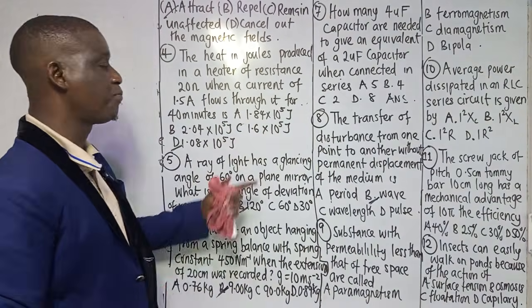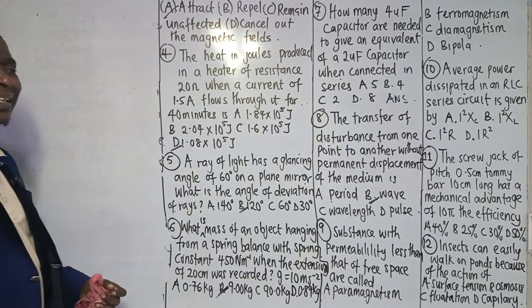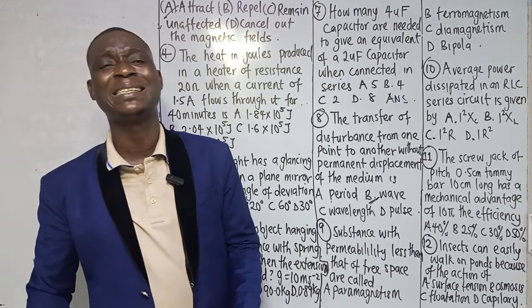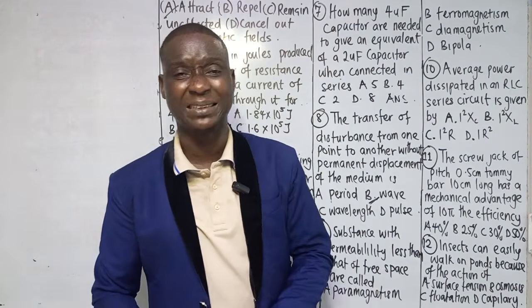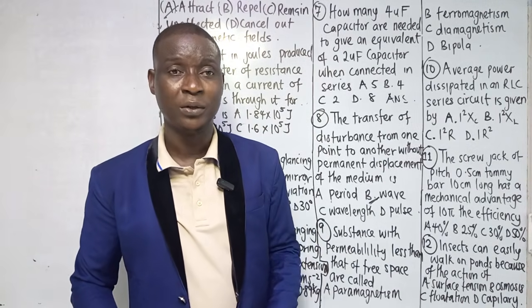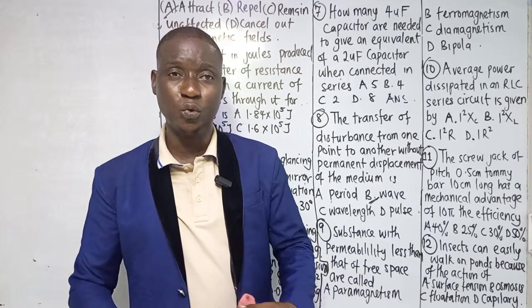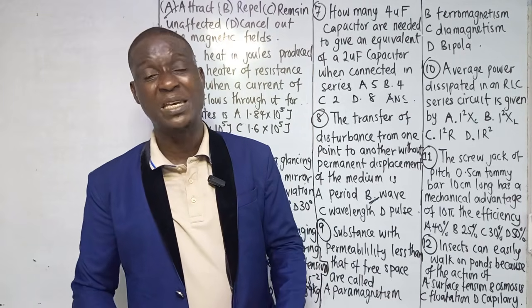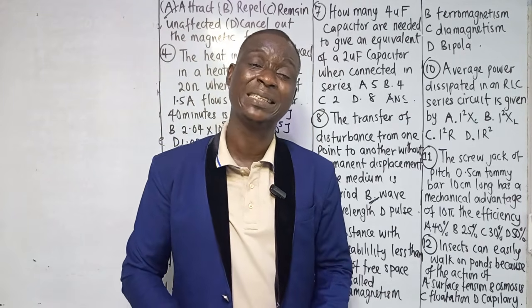So we have what they call paramagnetism. Paramagnetic materials are weakly attracted to an external magnetic field, and when the external magnetic field is removed, they lose it. They become weak and cannot retain their magnetism.